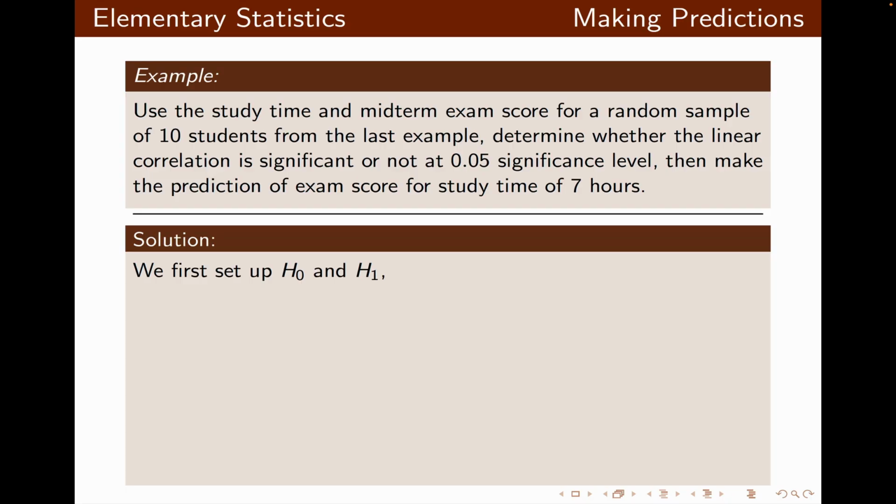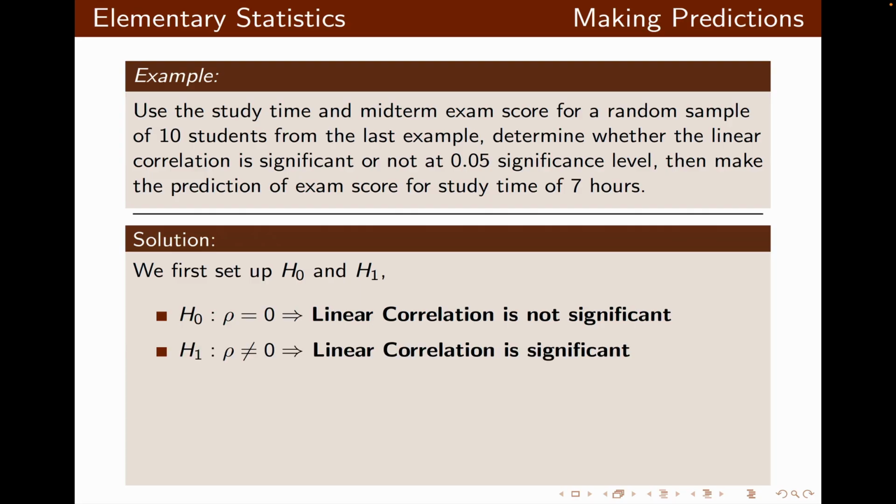We set up H0 and H1. H0, rho equals 0, which implies linear correlation is not significant. H1, rho is not equal to 0. Linear correlation is significant.